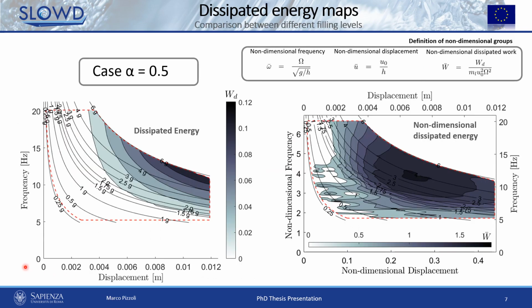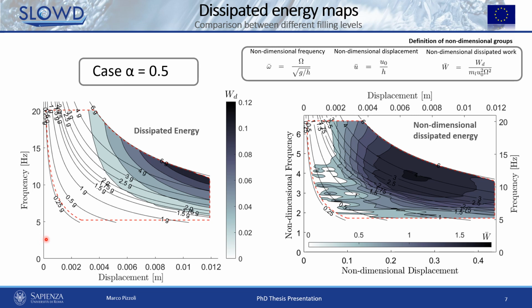By repeating this process of evaluating the dissipated energy for each of the points covered by the test performed, it was possible to obtain the maps representing the distribution of dissipated energy in the frequency and amplitude domains.